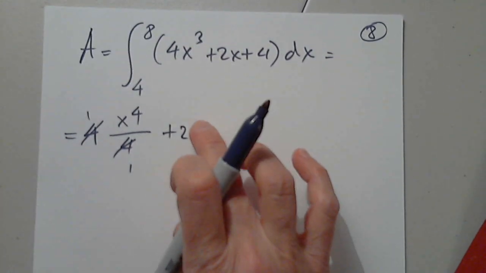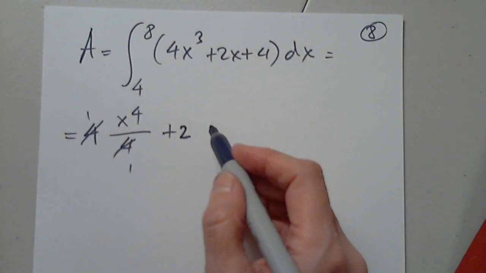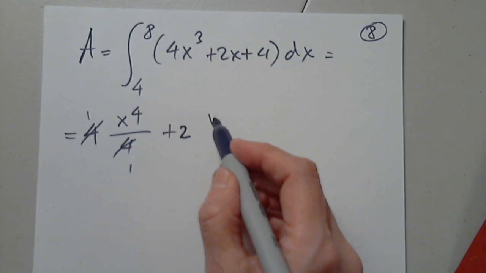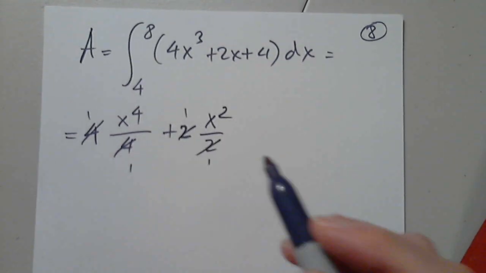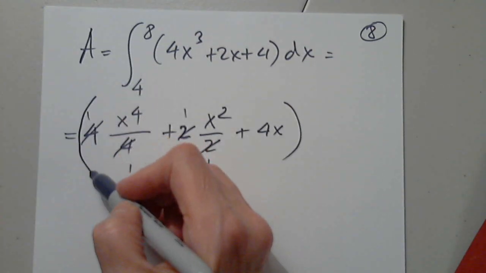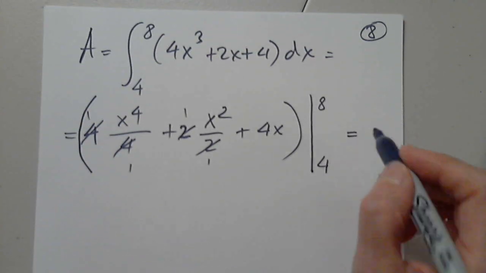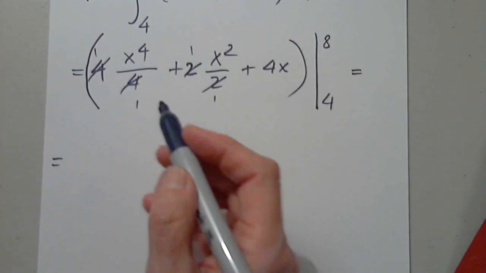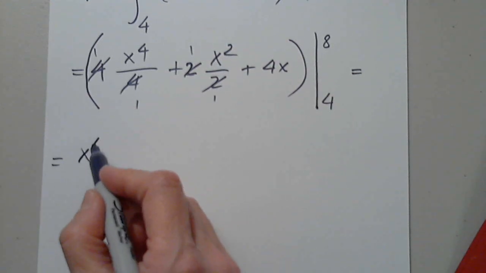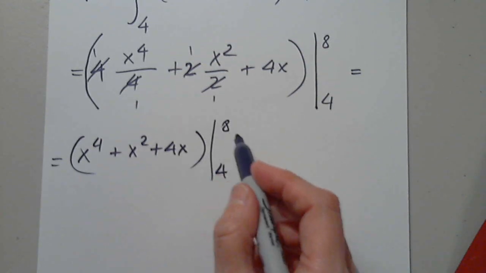Plus 2, which function prime is x? x squared over 2. Very good, and I'm happy for that too. Plus 4x. Put everything in parentheses, vertical bar from 4 to 8. Simplify it a little bit because it looks ugly: x to the fourth plus x squared plus 4x from 4 to 8.